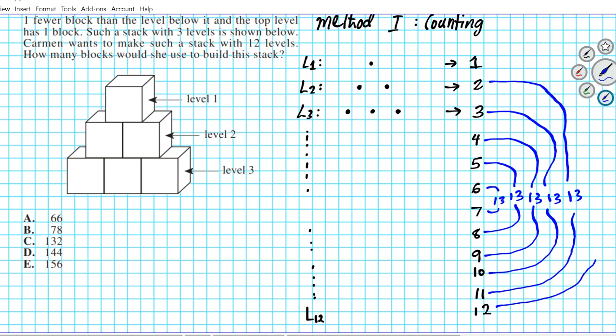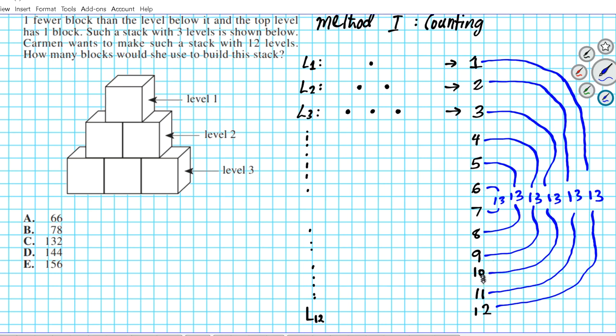Whenever you're adding consecutive numbers, if there are an even number of them, this pattern will always manifest itself. If you have an odd number, you just have to omit the middle one and then add around it. So how many 13s do you think there are going to be?